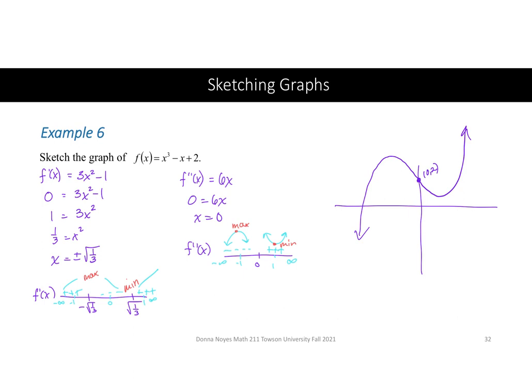Our min would end up being here, this would be the positive root of 1/3. Our max here, not that I drew it to scale, would be at the negative root 1/3. And we could plug those in and find out what those values are, but I didn't do that for this one. So I was just going to give you a general sketch on this one. We have one more where we're going to do another general sketch, and then we're going to summarize what we've learned.